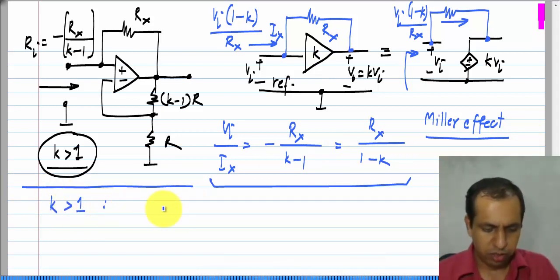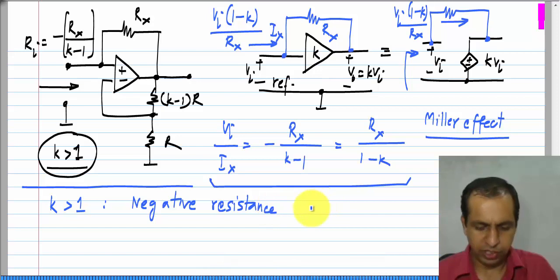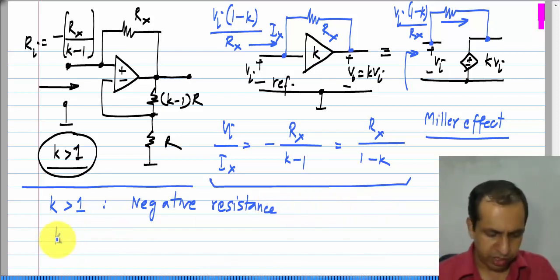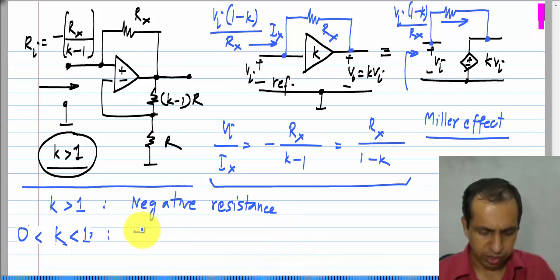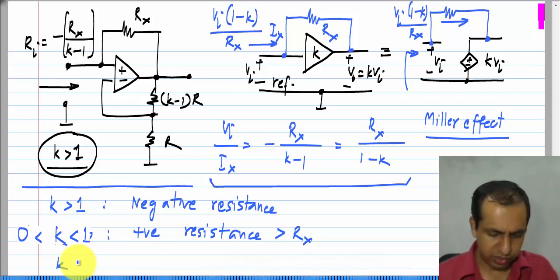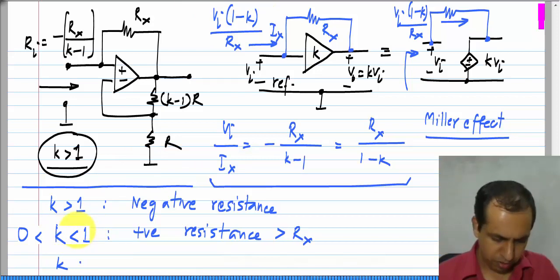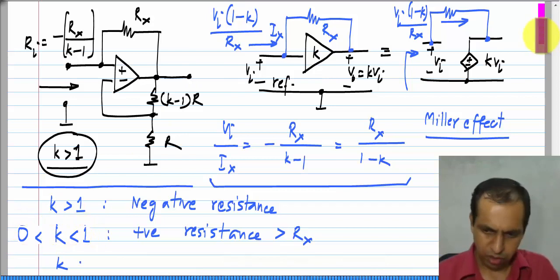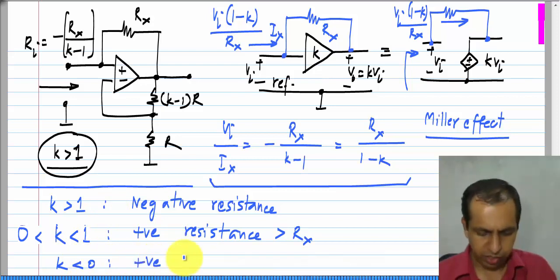If k is more than 1, we see a negative resistance at the input, and if k is between 0 and 1, we see a positive resistance which is more than Rx, more than the resistor that you have in the circuit, and if k is smaller than 0, that is if k is negative, then we have a positive resistance that is smaller than Rx.